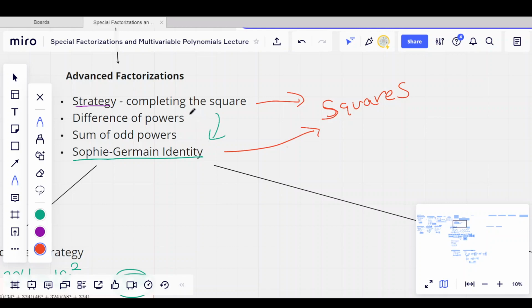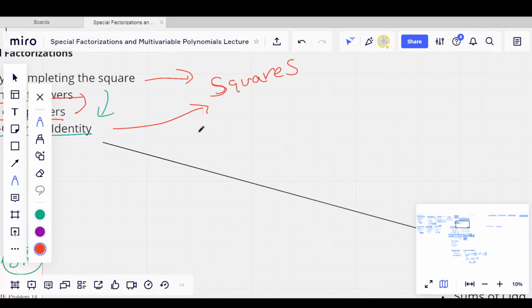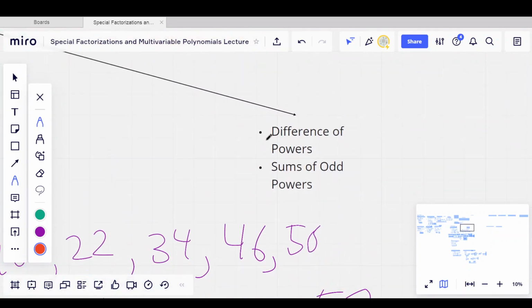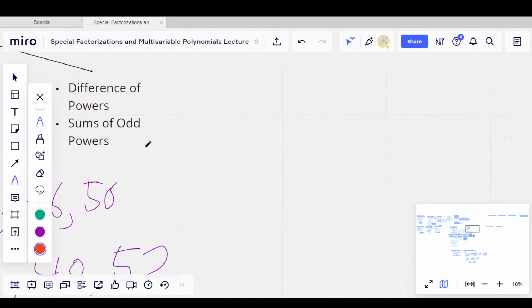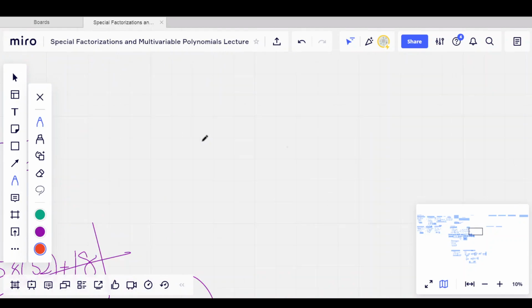Okay, so we'll cover these two middle identities. I'm running a little bit out of space, so I'll just put it over here. Okay. So we have two advanced identities.